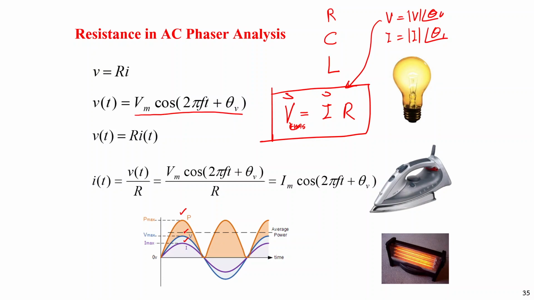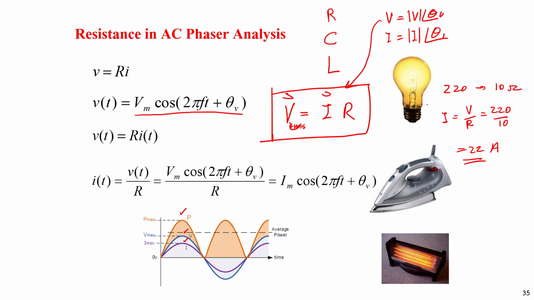For example, if I supply 220 volt RMS to a 10 ohm circuit, what is the current? The current would be V divided by R, equal to 220 divided by 10. It becomes 22 ampere in RMS term, okay?